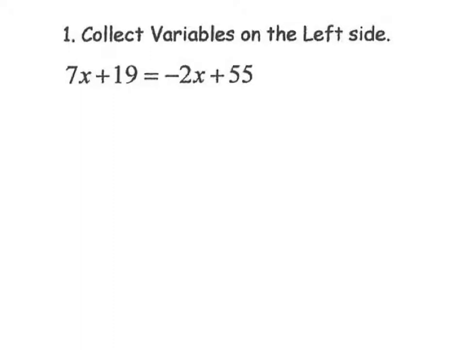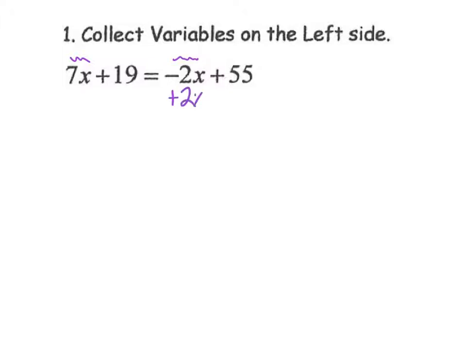On number 1, I have 2 variables to consider. I've got a 7x and a negative 2x. The directions say collect the variable on the left side. Which variable is smaller, my 7x or my negative 2x? Negative 2x. I'm going to move the whole negative 2x together, not just the 2. The x is going with it.